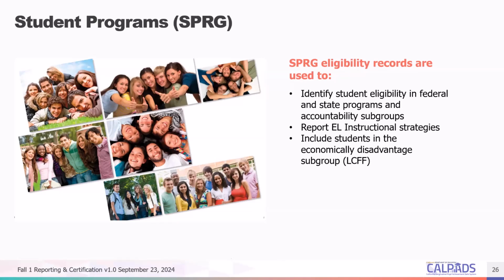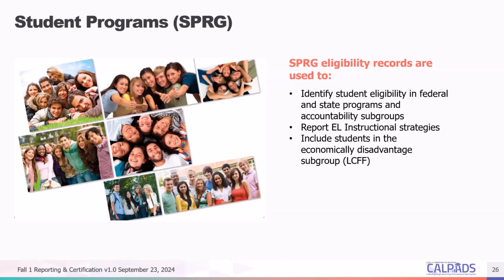There are no validations for programs because CALPADS cannot say a student is expected to be a member of a program. So it's very important for you to locally verify your program counts, the eligibility and participation counts for your programs, because CALPADS doesn't have a validation in place to help you identify that, okay?